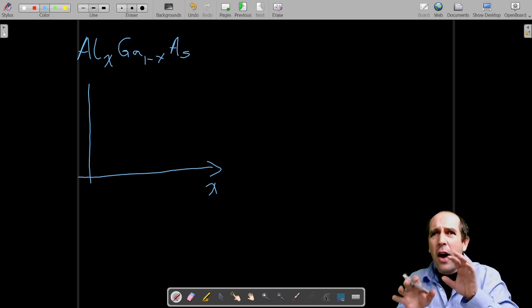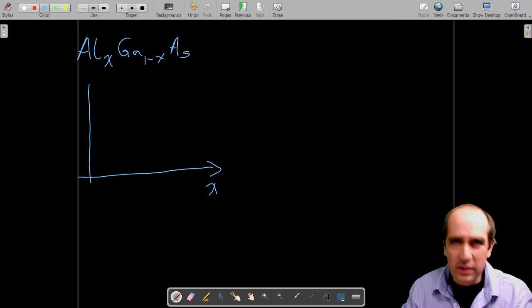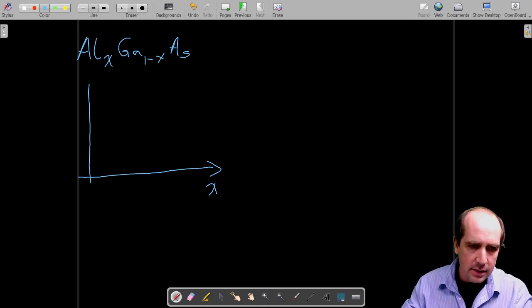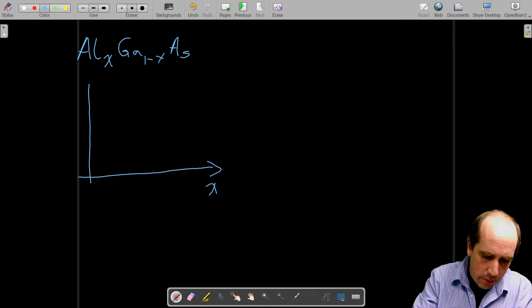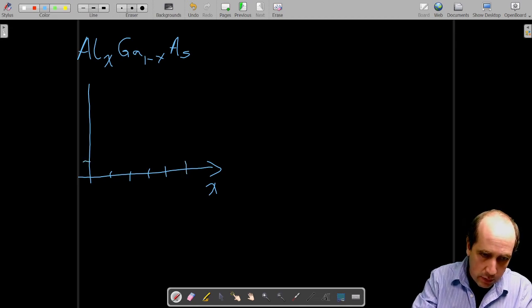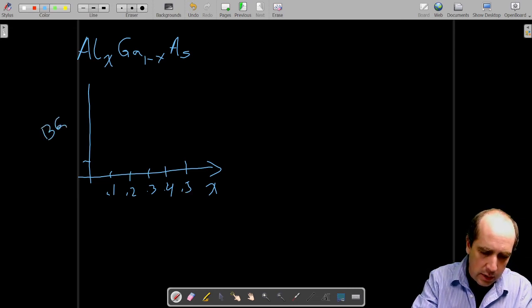So it is how many atoms of aluminium and gallium we put, or what's the fraction that we put. And what we obtain is, let's make this plot very quickly, 0.1, 0.2, 0.3, 0.4, 0.5, and this is 1, and this is the band gap energy in electron volts.